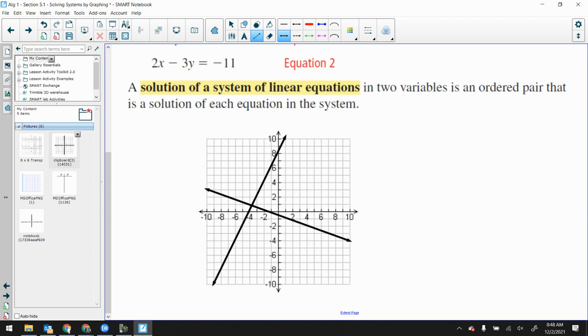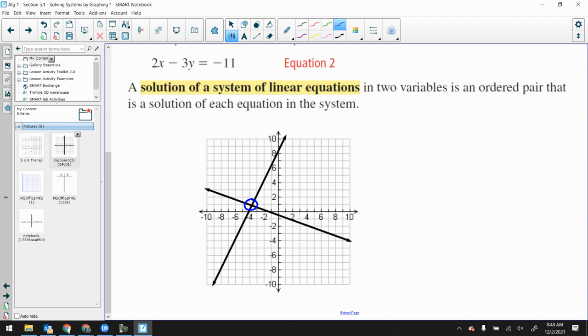You want to know where the solution is? Where they meet, where they cross. So this is the solution to this system. Now, we're going to spend the next couple of sections on how we find that point. Because I'll tell you right now, just by graphing it, am I able to tell exactly where those 2 cross? No. I can estimate, and we will do that too, something like -3.75 comma positive 0.9, something like that.